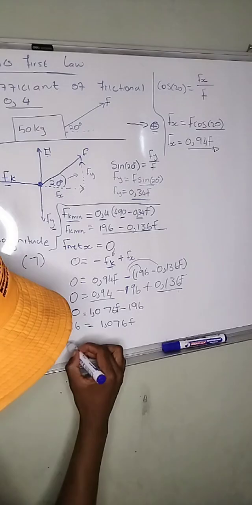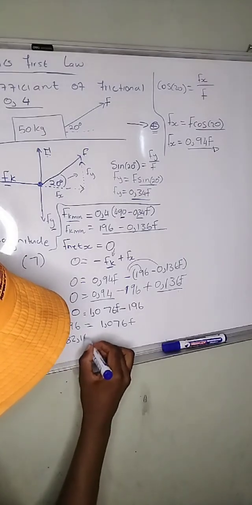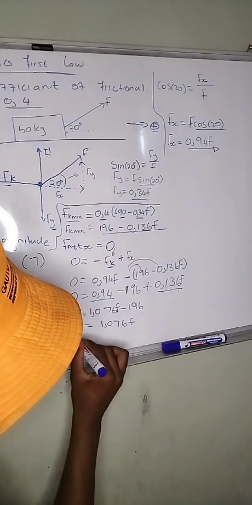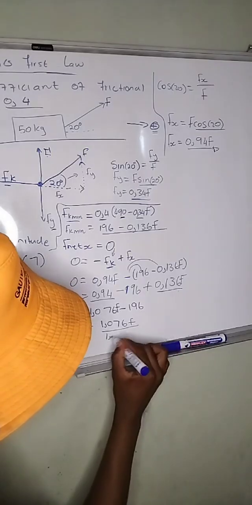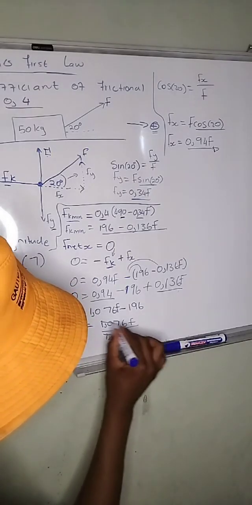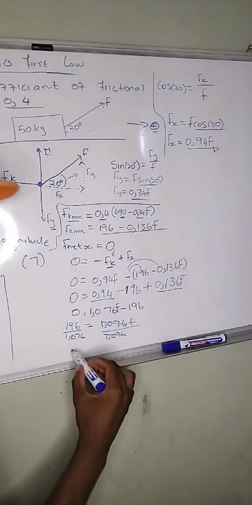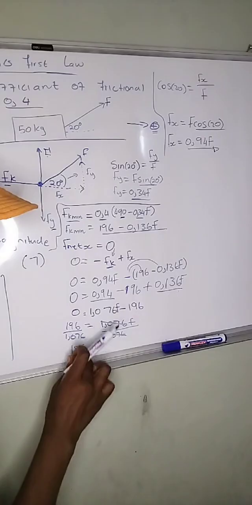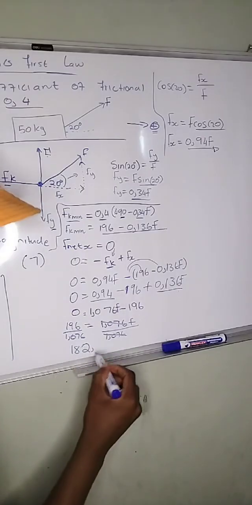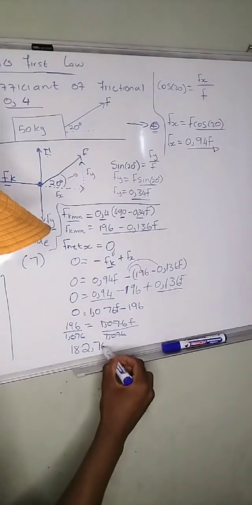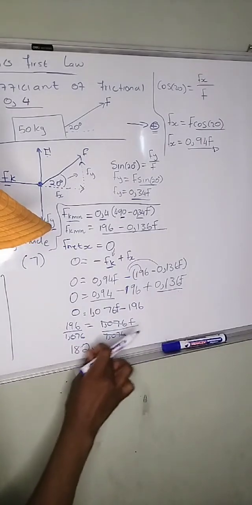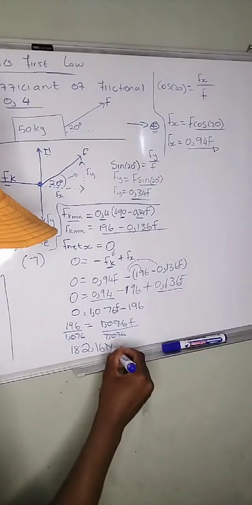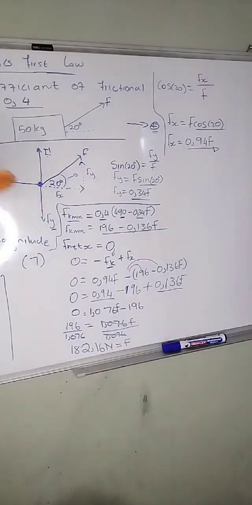It's going to be 182.16, because we are going to divide both sides by 1.076. When they cancel, it's going to be 182.16 newtons, which is F.